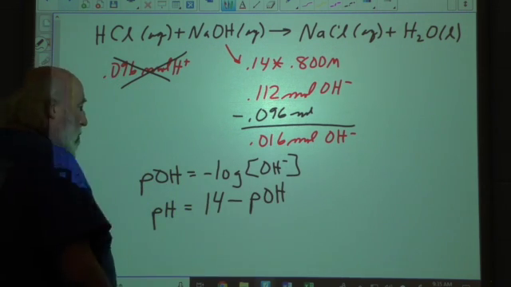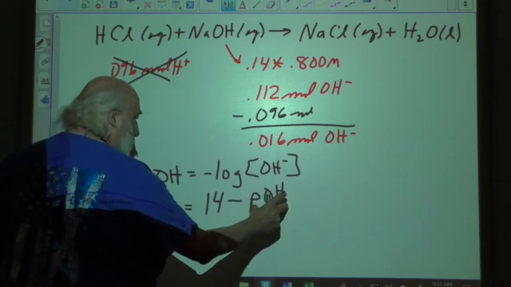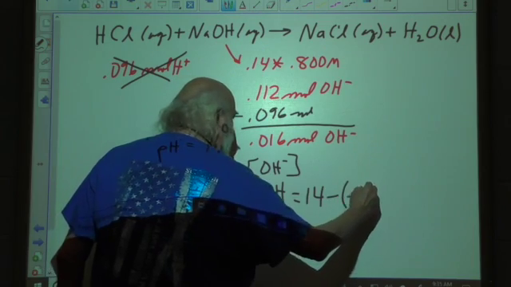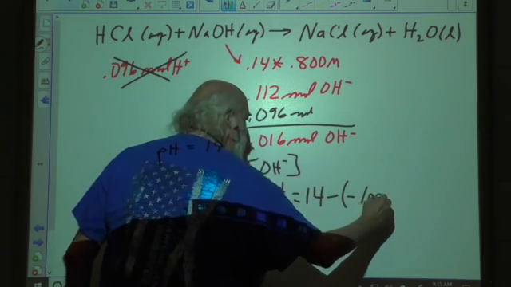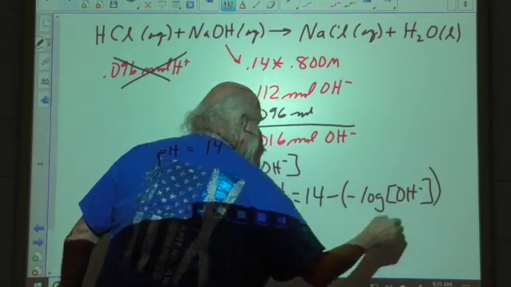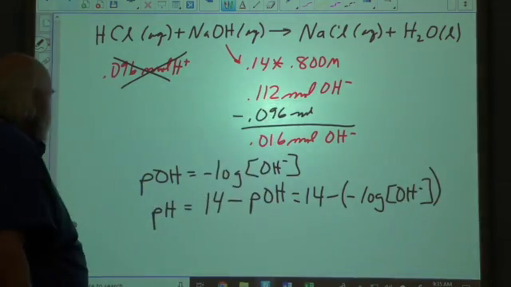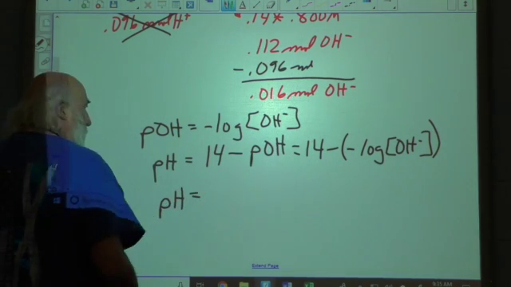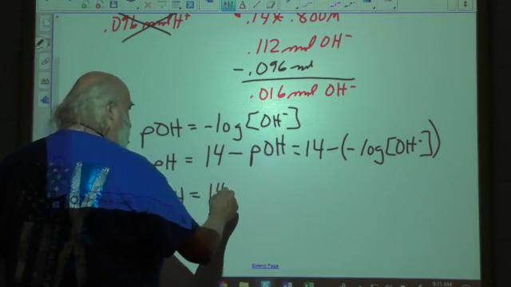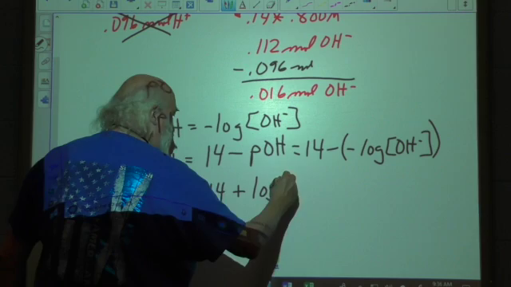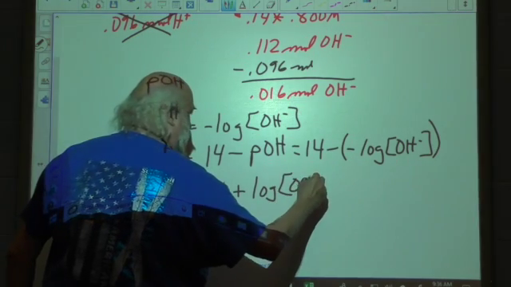Right? If I plug in this for pOH, this gives me 14 minus a negative log of the concentration of hydroxide. So the quickest way to find pH is to take 14 and minus the negative is plus the log of the concentration of hydroxide.